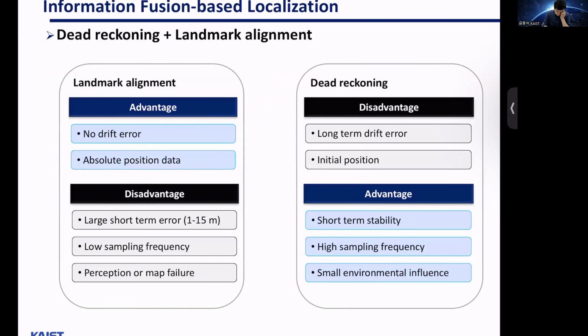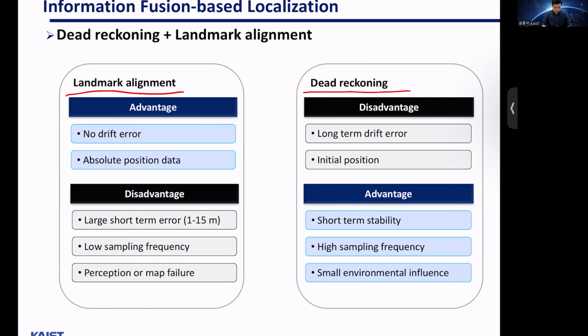So if you compare landmark alignment and the dead reckoning approach side by side, then you can see they are very much complementary. Sort of like we saw from radar camera fusion.